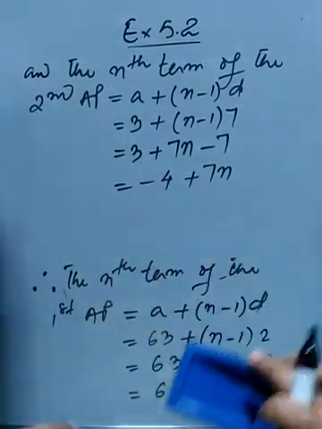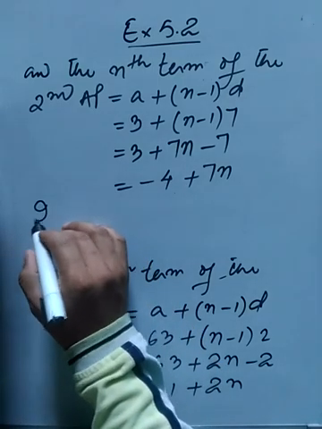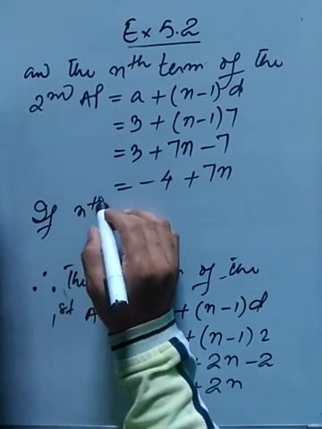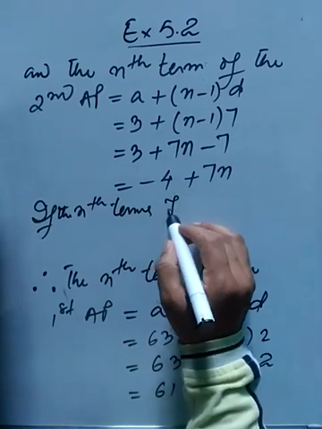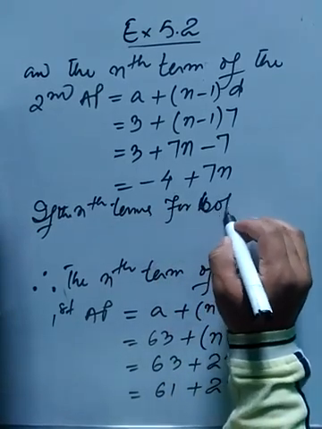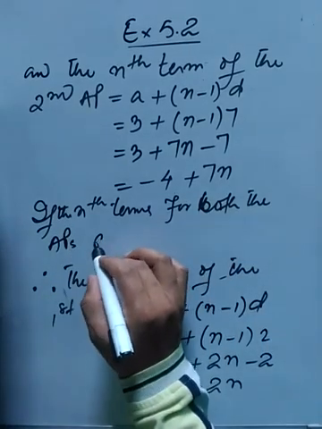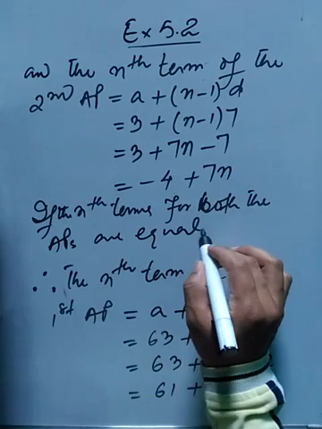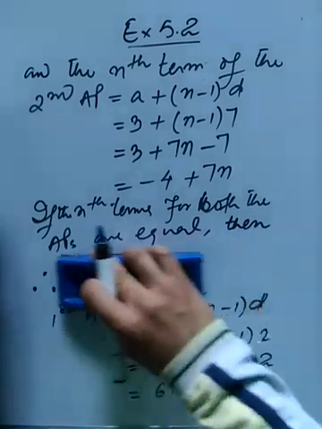There is no difference actually. But the question is telling very clearly, for what value of n the nth terms of the APs are equal. So let me write here, if the nth terms for both the APs are equal, then what can we write?